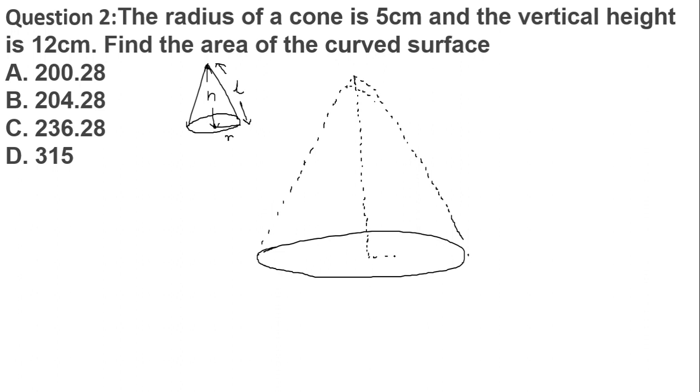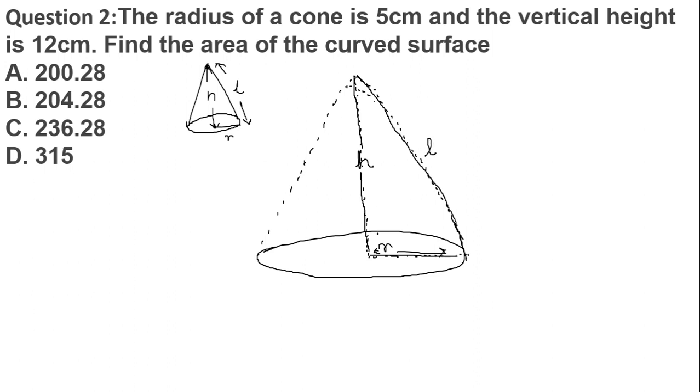If we look at these dotted lines which I have drawn here, this gives us the height H, the vertical height mentioned in the question, which is 12 centimeter. The second piece of data is the radius, which is equal to 5 centimeter, and they have asked us to find the curved surface area.